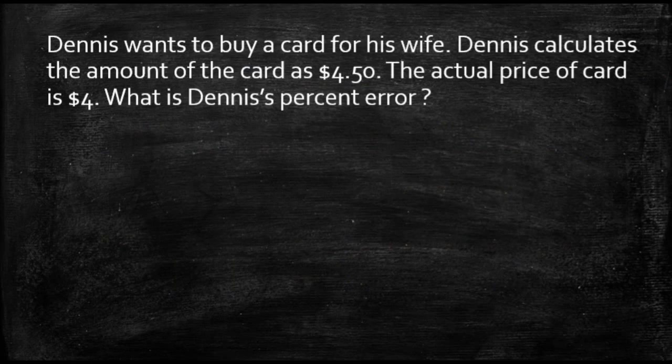So let's look at our examples here. Let's use our cube strategy. We've got some numbers here we need to circle, $4.50 and $4. Okay, what is Dennis's percent error? We know that that's going to be our variable. Dennis calculates the amount of the card as $4.50, and I'm going to write the exact price, because that's what that means.